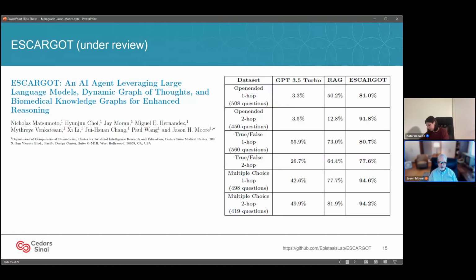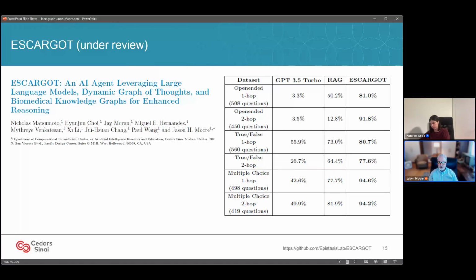What we actually do is take the query, break it into pieces, and then from those pieces, we write Python code to perform a Cypher query of Memgraph directly instead of using the vector database with the RAG. We can actually break this down into pieces, and on the fly, this is the dynamic part of this, we can write Python code, do the Cypher queries, and then bring the pieces back together to answer the question.